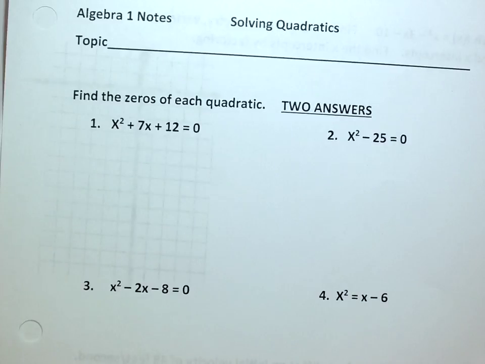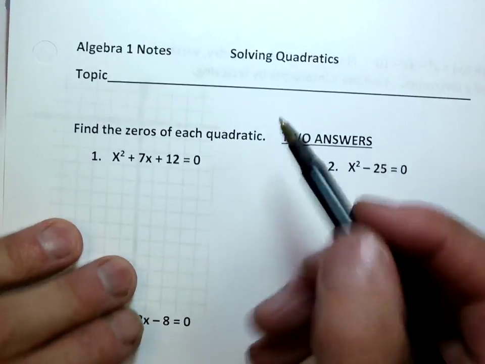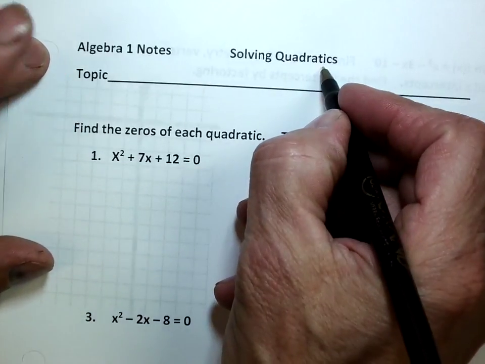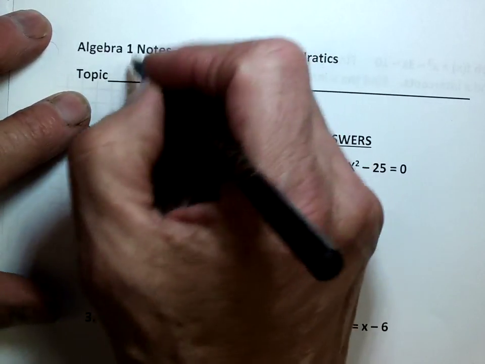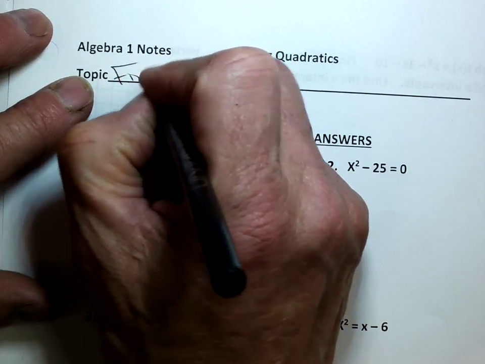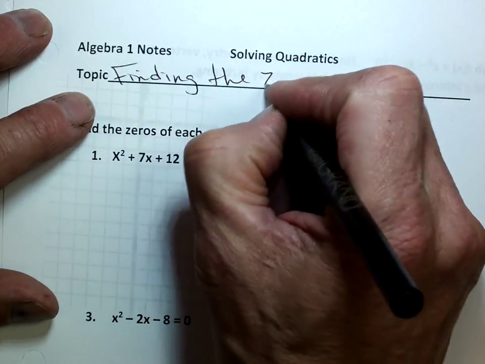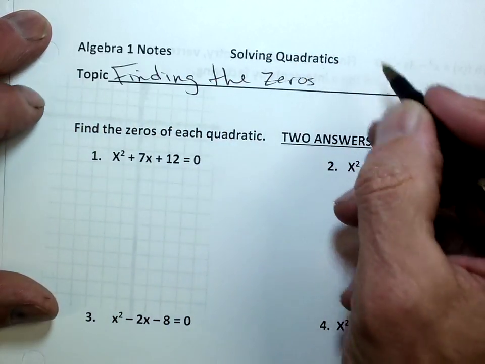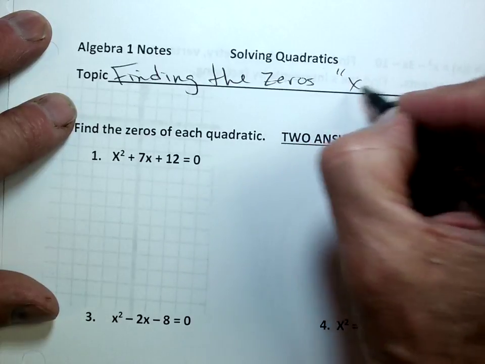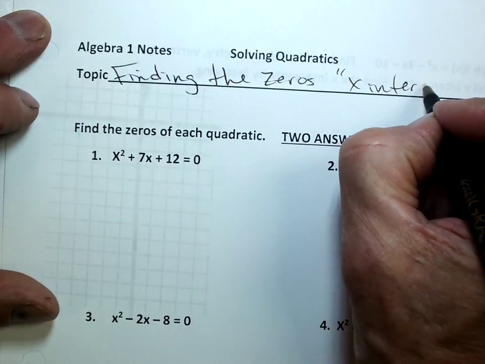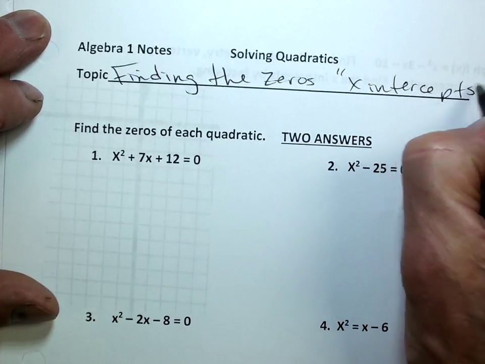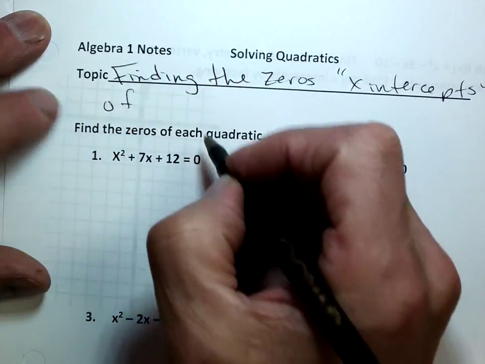We are live. So today's topic, what we're going to do is we're going to be solving quadratics, okay? So what we're going to do is we're going to be finding the zeros, which are also going to be X-intercepts of quadratics.